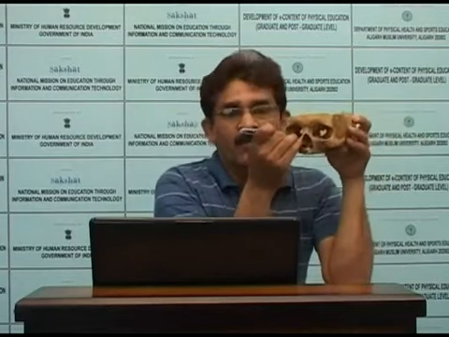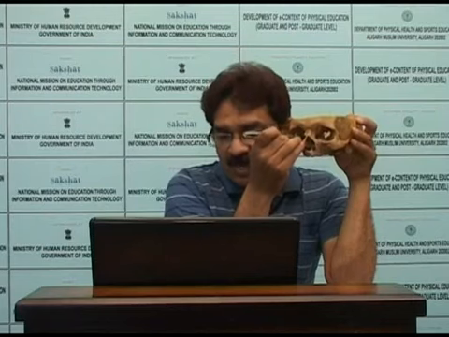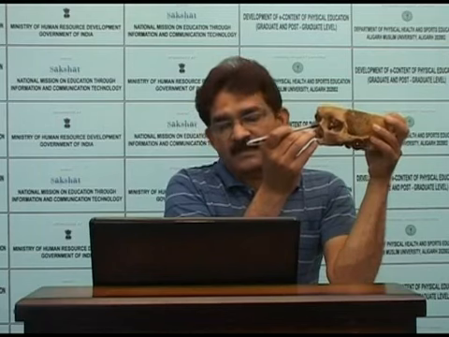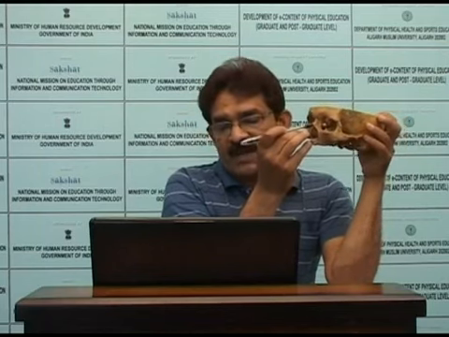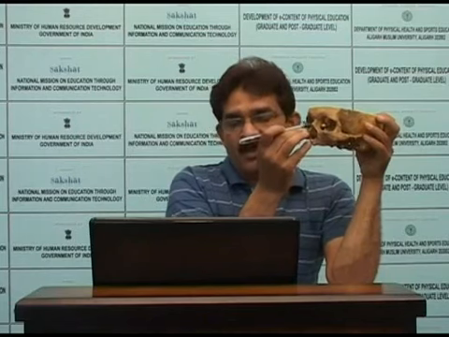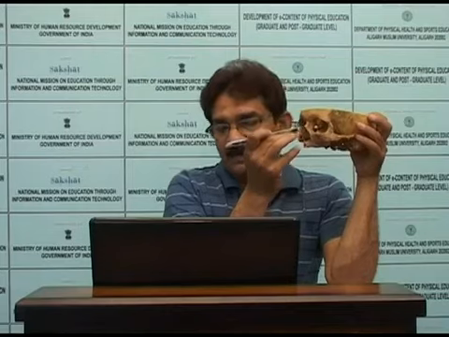In this orbital fossa the lacrimal bone is situated. This is also irregular. This is a nose-type bone, which makes the human nose, called the nasal bone.